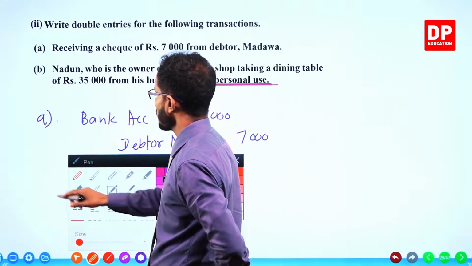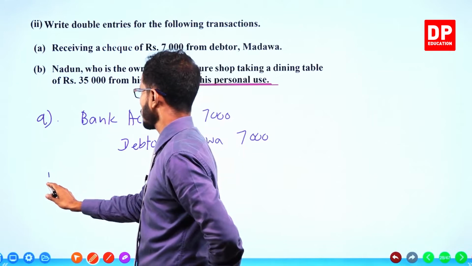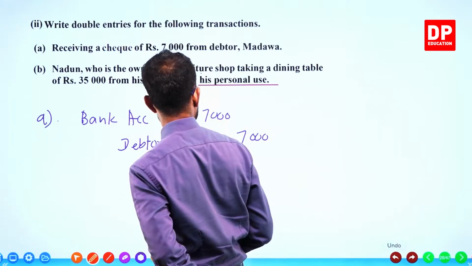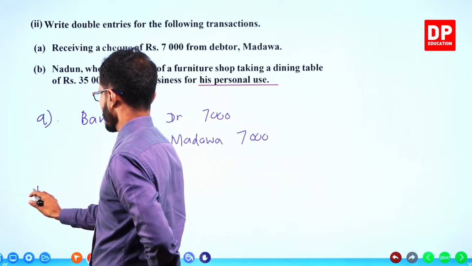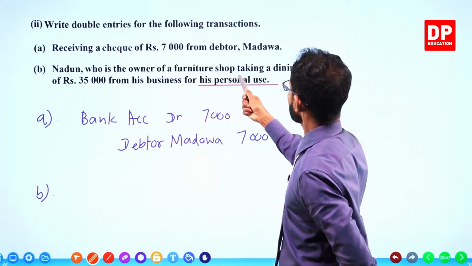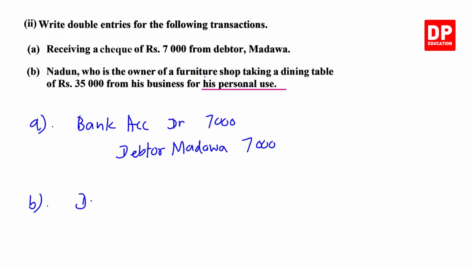So we'll write the double entry for drawings. B. 35,000. Drawings account debit 35,000.